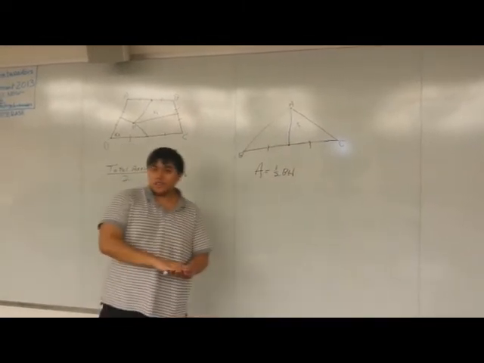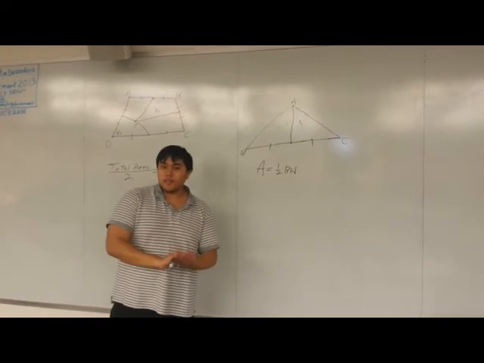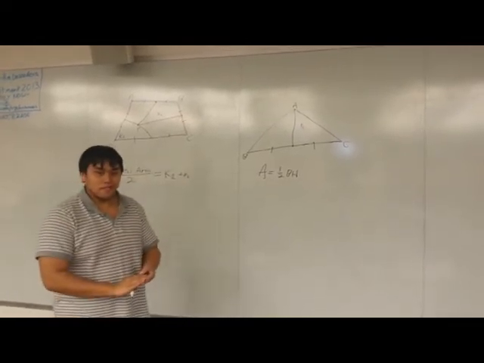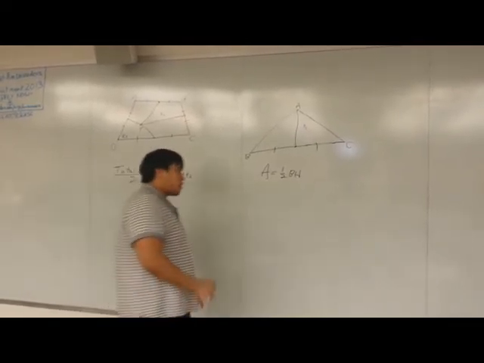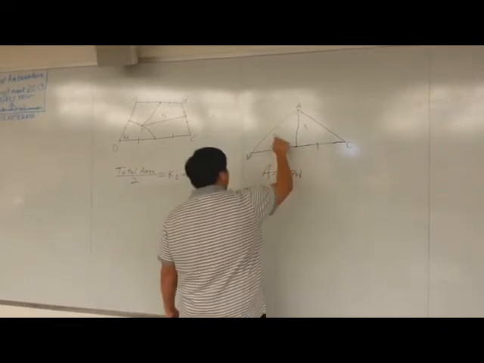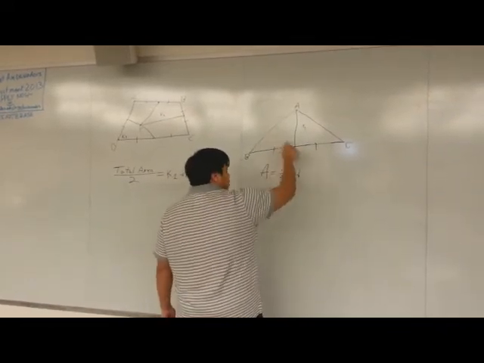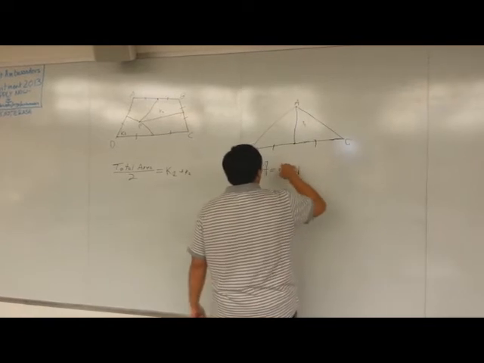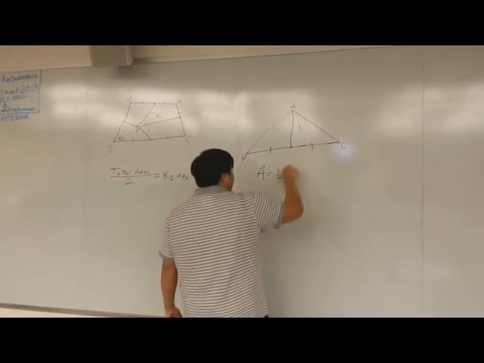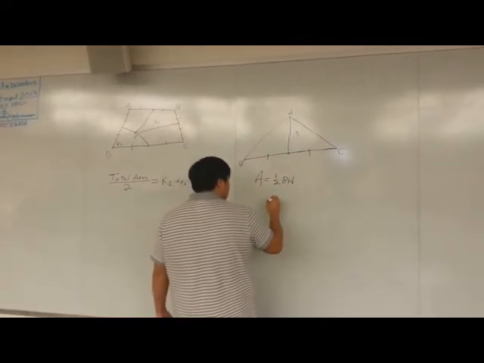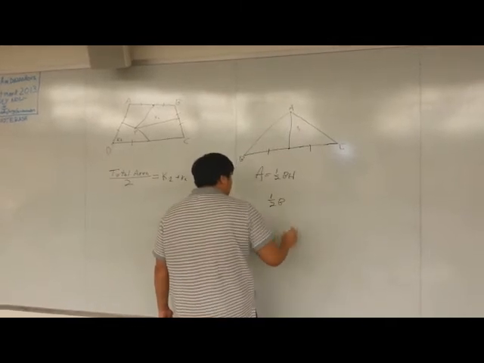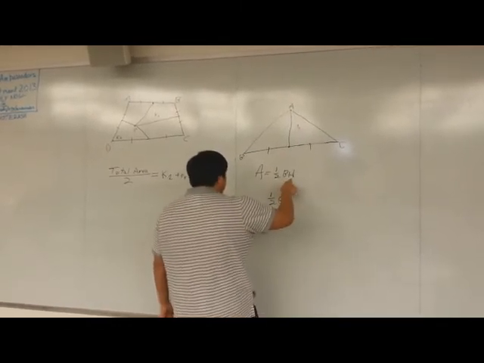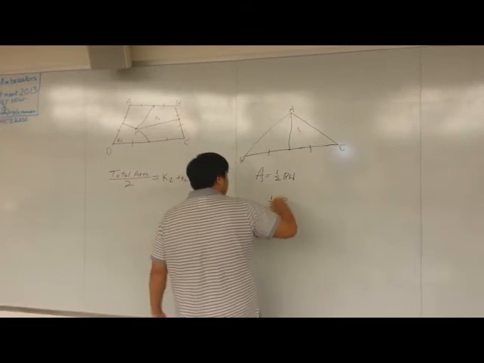Go ahead and think about that for a second. Alright, so the area of this triangle is going to equal half the length of the base, so half of the base times height.